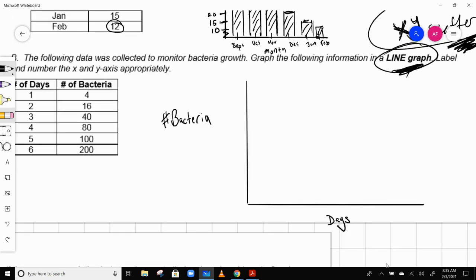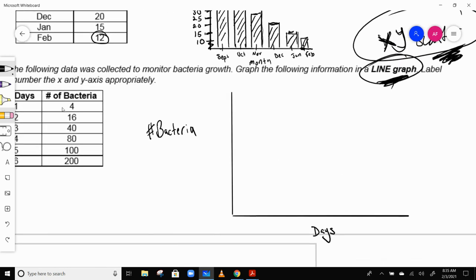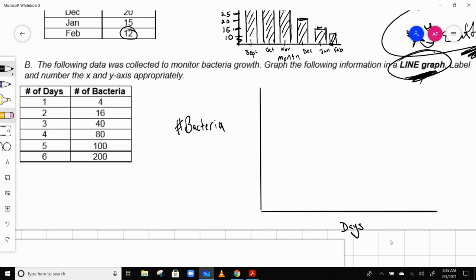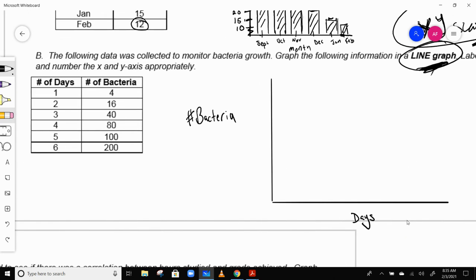So here, I might change this for next period, but really you're not looking at the number of bacteria. You're going to be looking at the area. So the area of bacteria, area covered by bacteria. Okay, so let's just change that. Let's just say not number of bacteria, but area covered by bacteria.